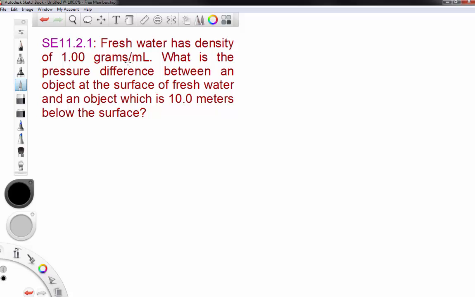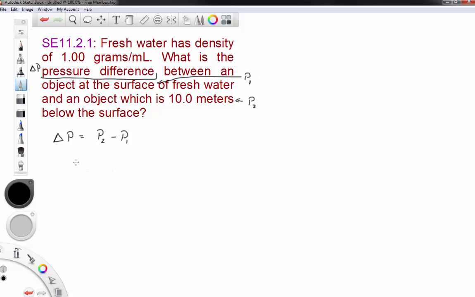So what we're looking for is the pressure difference, which we could label as delta P. Delta P is always going to be pressure 2 minus pressure 1, where pressure 2 in this case is given right here. So this is the location for pressure 2, and then this right here happens to be the location of pressure 1.